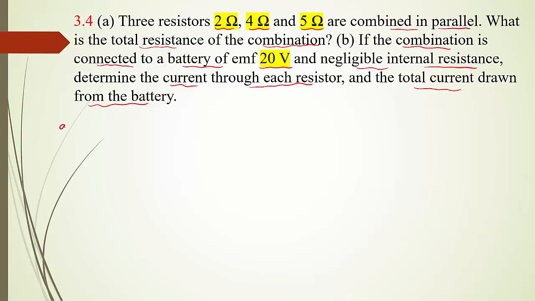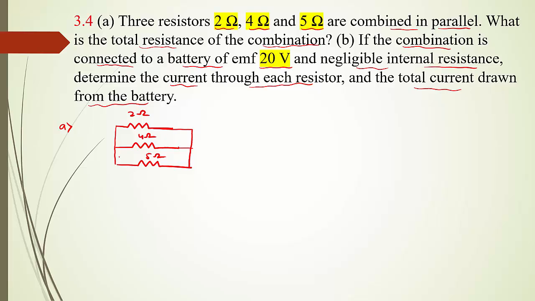Now we can solve the first question. Three resistors, 2 ohm, 4 ohm and 5 ohm, they are connected in parallel. Let us consider the first resistor is 2 ohm, second resistor is 4 ohm and the third resistor is 5 ohm. They are connected in parallel.